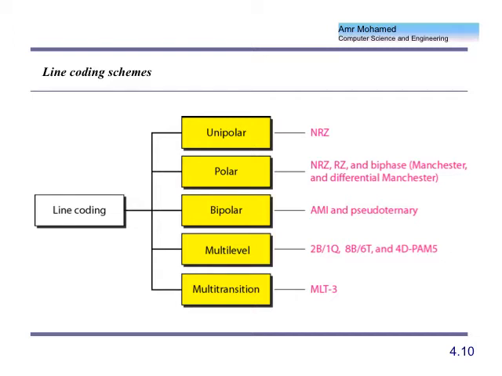And then we talk about the multi-transition. So instead of having multiple levels, we will use 3 levels, similar to bipolar, but here we'll talk about multiple ways of transitioning from one signal level to another. So we'll talk about the logic that we use to make this transition.